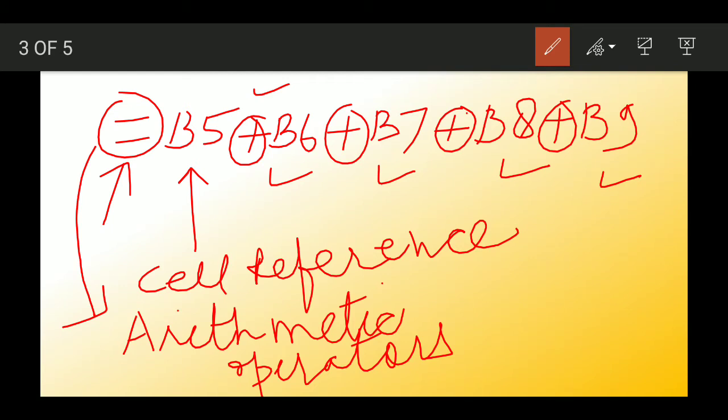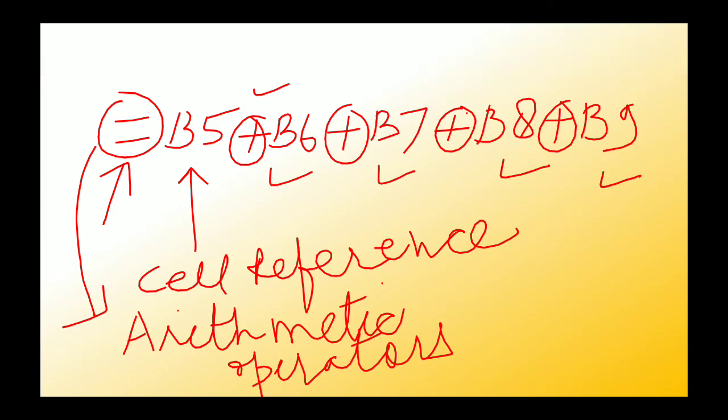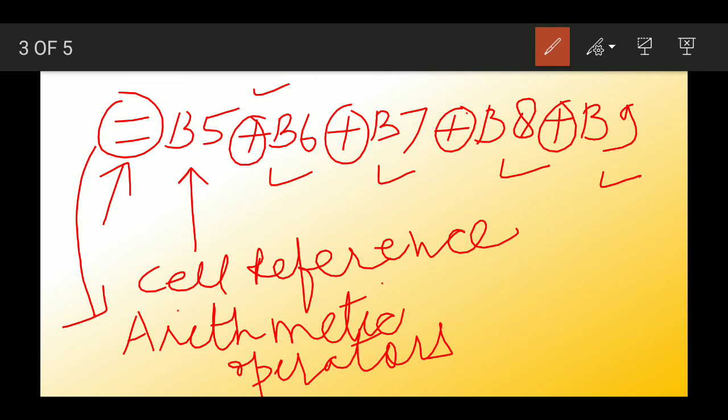Now what is the need of this formula? For example, we need to perform some calculations. What happens with this formula here? Using this formula we can calculate the sum of cells from B5 to B9.